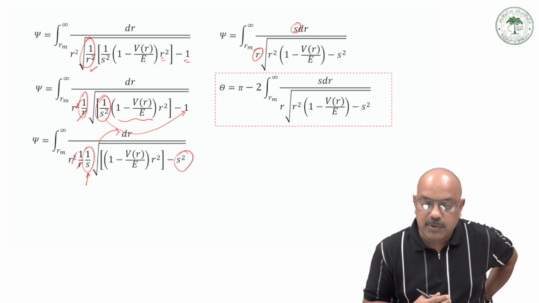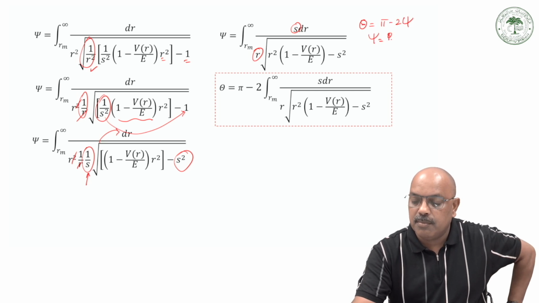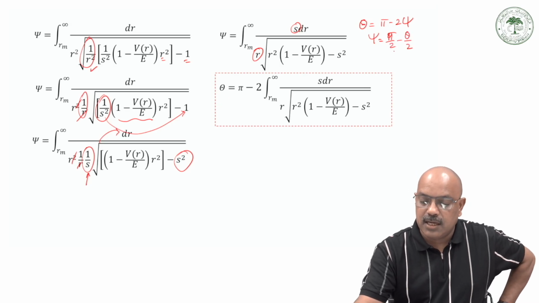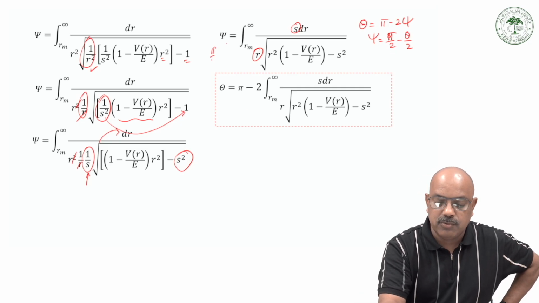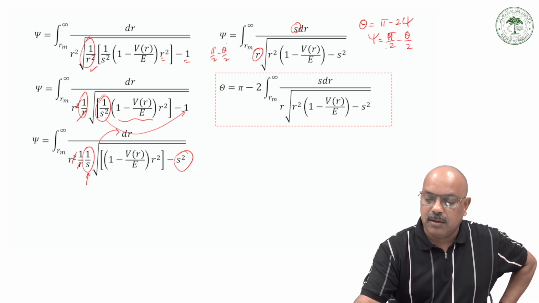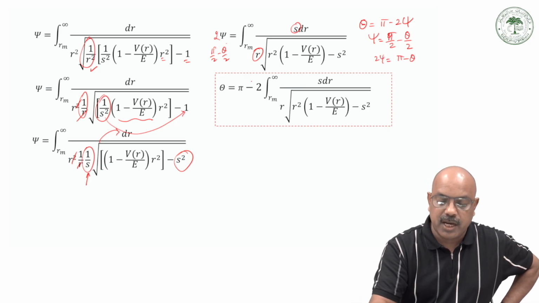Now you have the relation that theta, the scattering angle, is pi minus 2 psi, and then psi equal to pi by 2 minus theta by 2. So you can write psi equal to pi by 2 minus theta by 2 here itself, or you can write twice psi equal to pi minus theta.